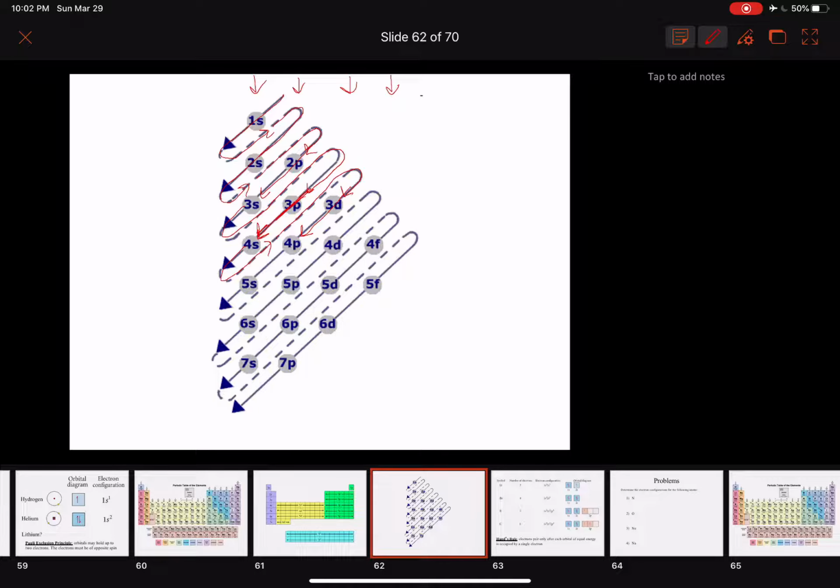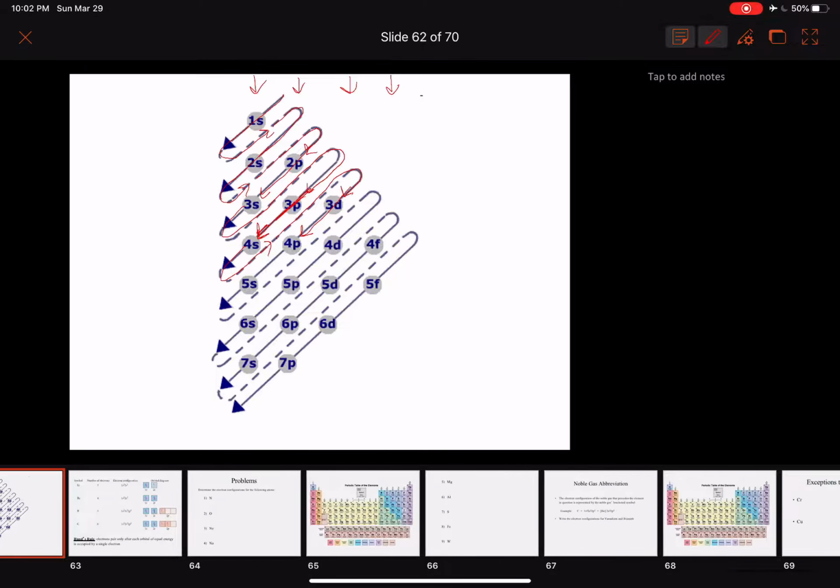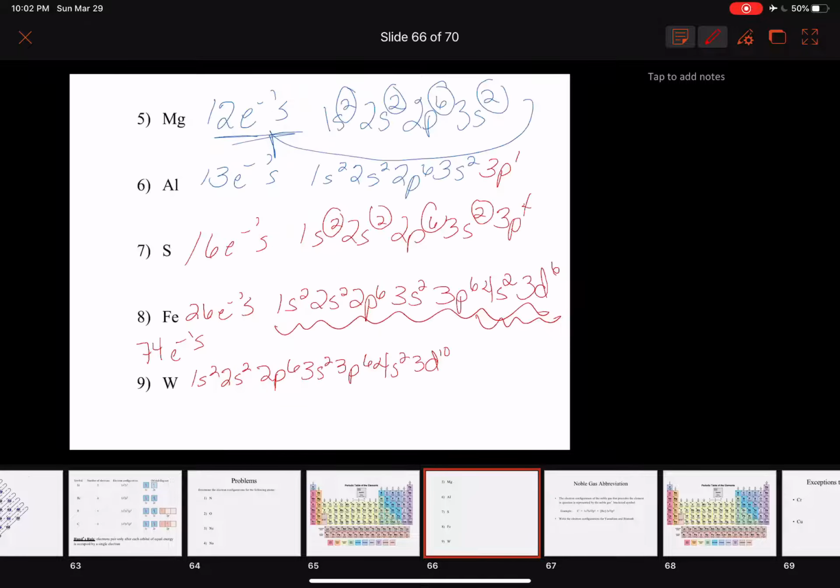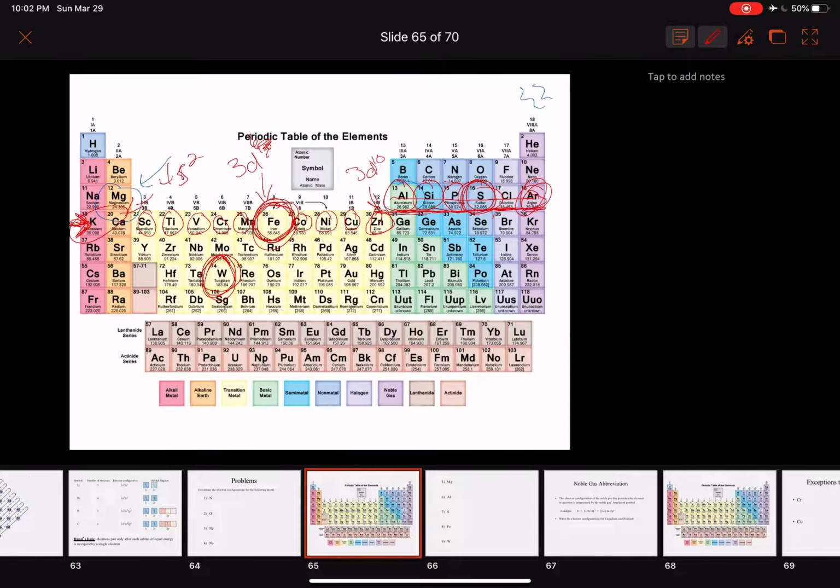It just depends on how your brain works regarding which one is easiest for you to use. So back to tungsten, we're going to do 4p6, and with 4p6 we've gone to krypton.